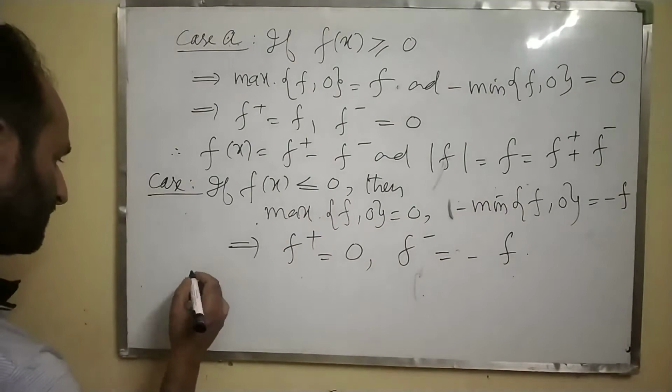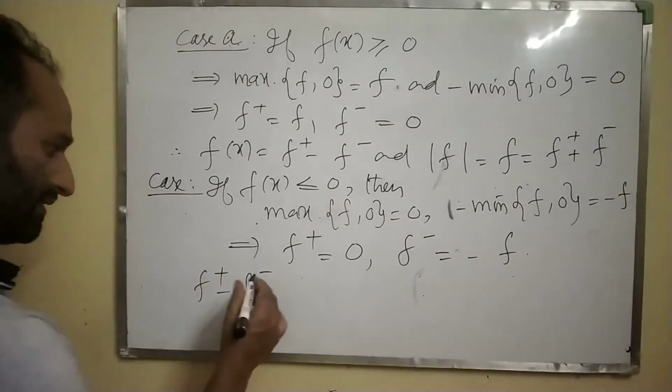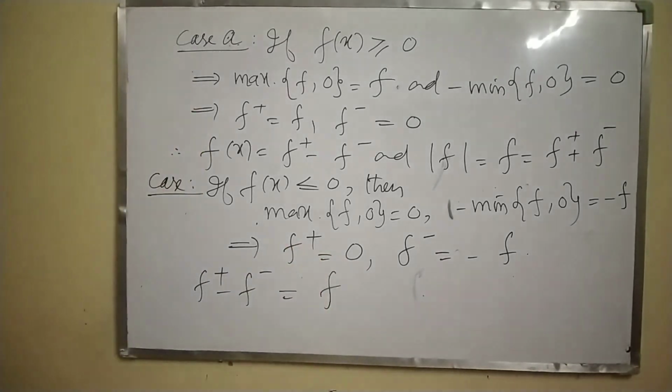Okay, now let's try to find this f plus minus f minus. What's this? It's equal to f plus is 0 minus, it's equal to f. That's what you need to verify actually. f plus minus f minus is equal to f.